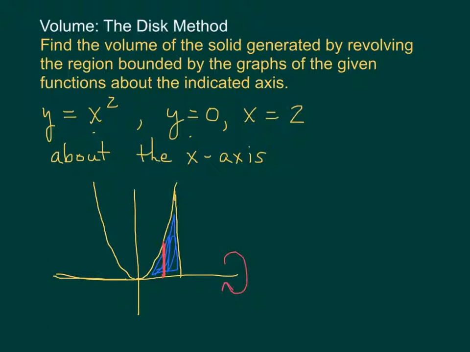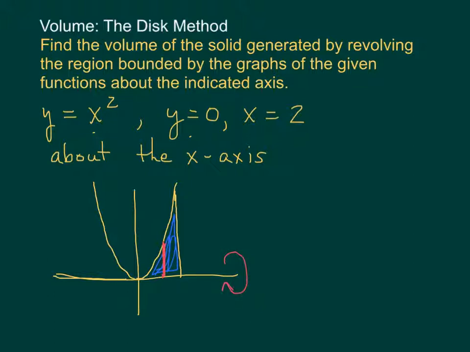Now what I want you to imagine is that every possible representative rectangle that we could rotate around will form a disk. That's why this is called the disk method.